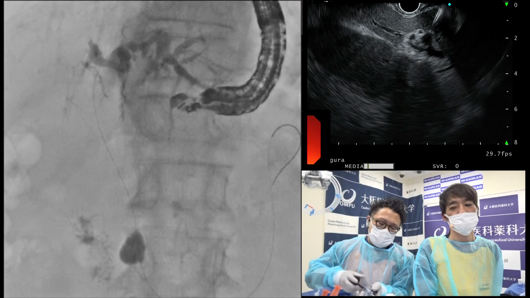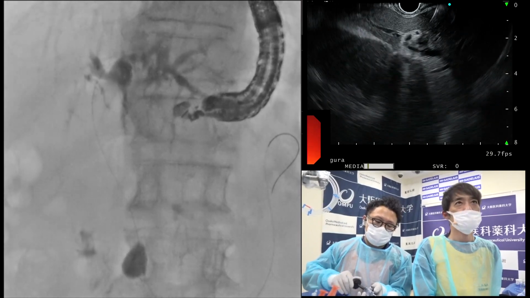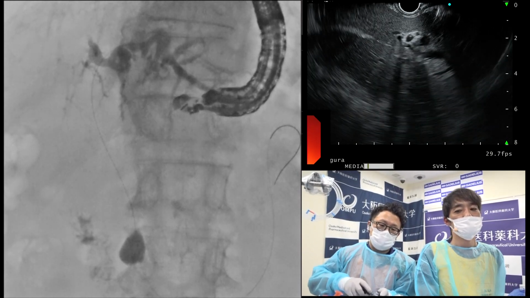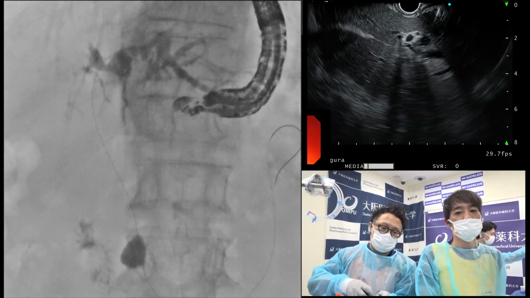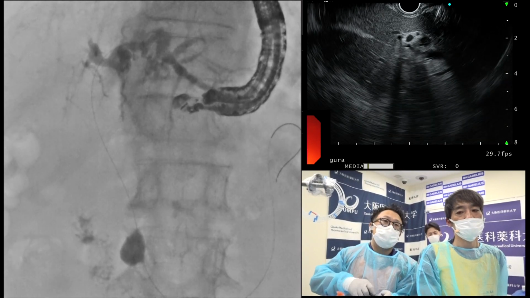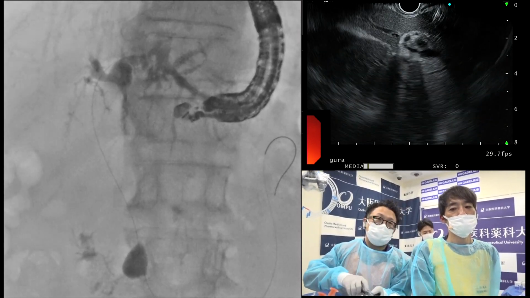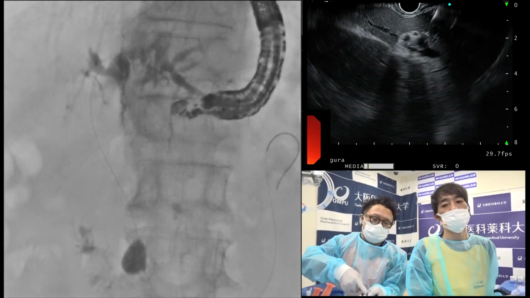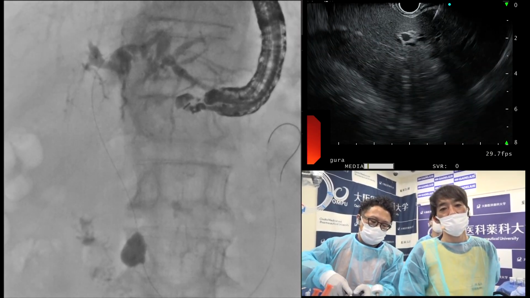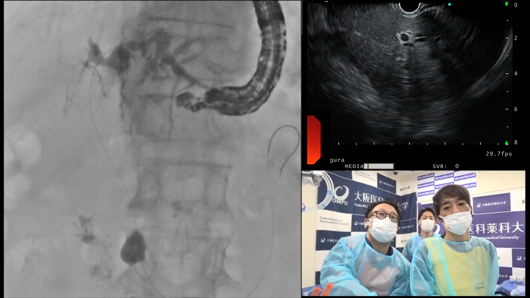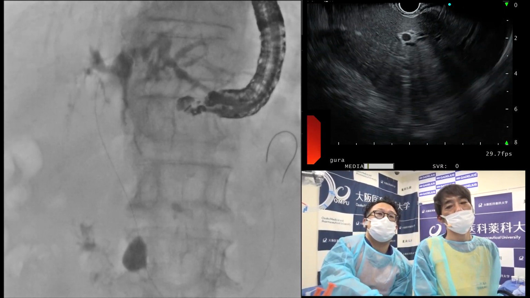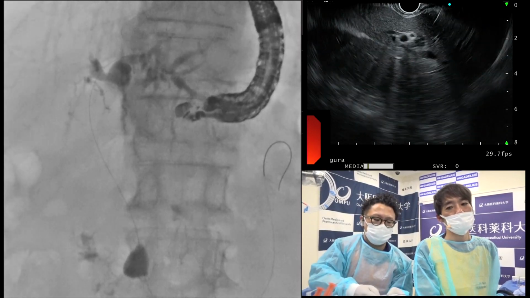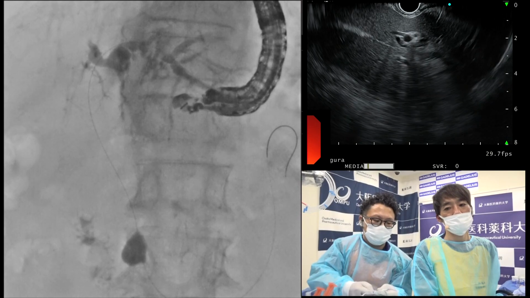So in our experience, we may do it at the same time. It's a very important point that you need to strongly consider performing an EUS-guided gastroenterostomy as well in patients with concomitant biliary and duodenal obstruction, because there's a high risk of cholangitis, and the benefit of hepaticogastrostomy is really determined by whether the gastric outlet is open.